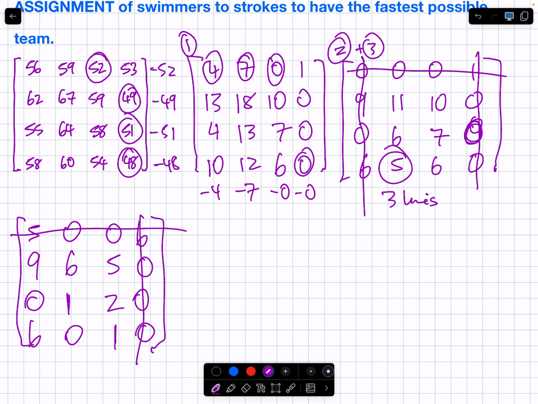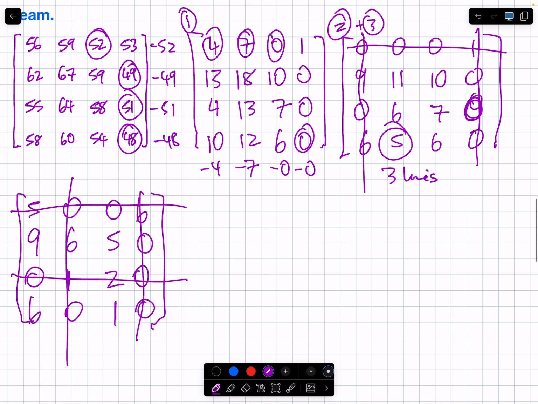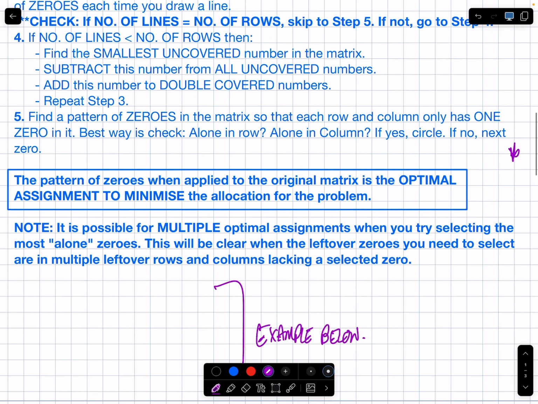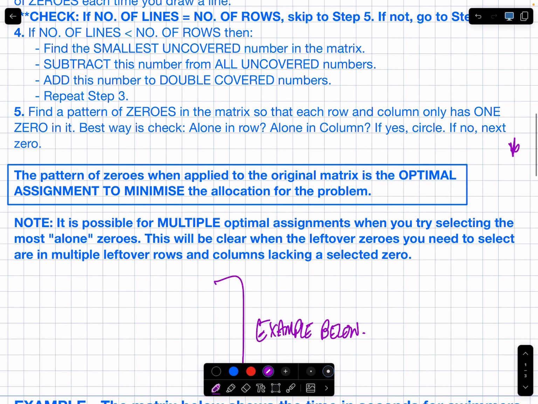What's the next most that I can hit? 2. I can go across here. What's the next most? 2 vertical. How many lines did that take? 4 lines.